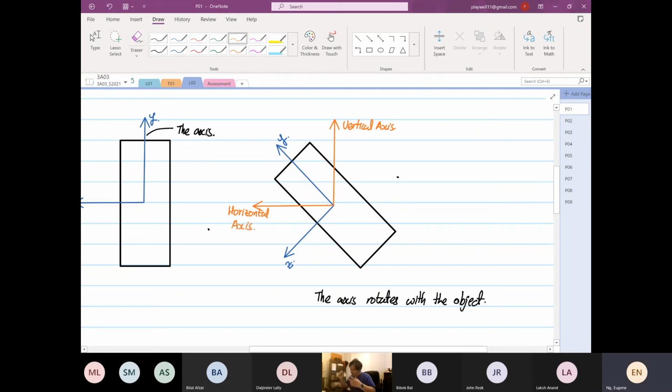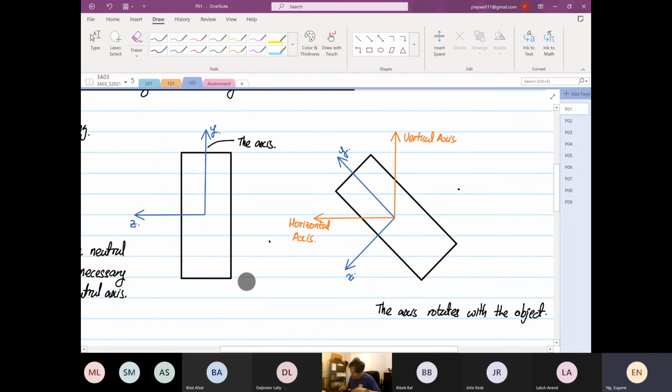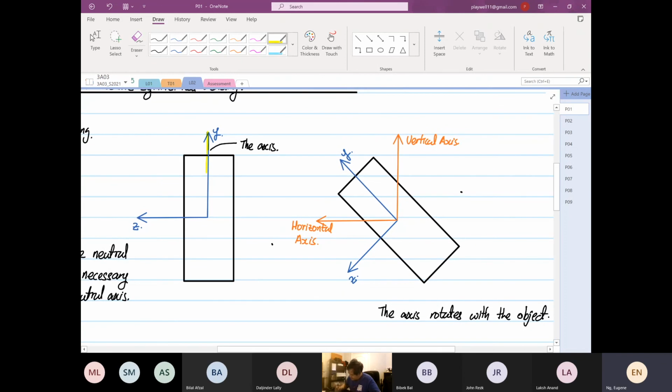Can anyone tell me why the axes rotate with the object? Why does this axis that I'm highlighting always rotate with the object? Any idea? What are we trying to simplify down here? Anyone? The question again: why do we rotate the axes together with the object? Anyone, please?